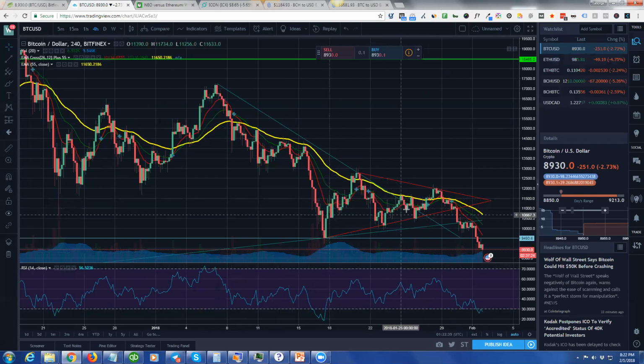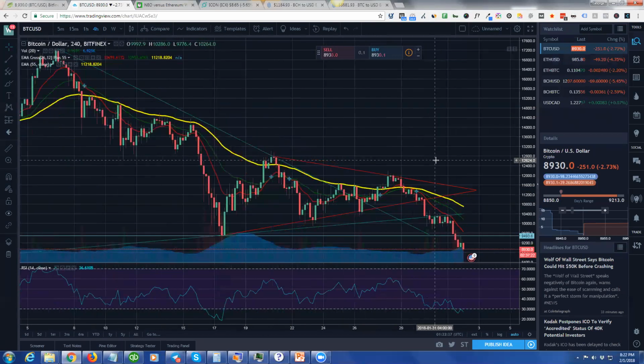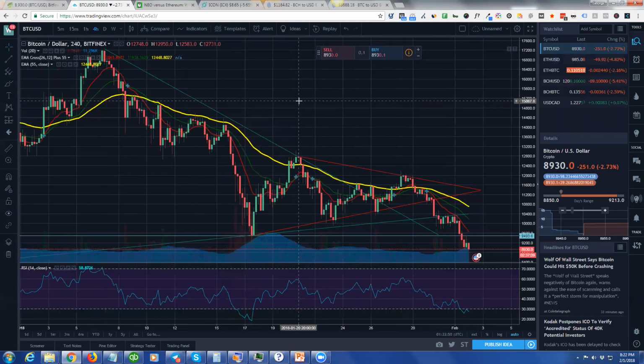We were getting some consolidation here, and then this morning you can see with my little trend line, we broke through, and as soon as we broke through that, we've been tumbling ever since. So the question is, where are we going to stop? Where are we going to end up?